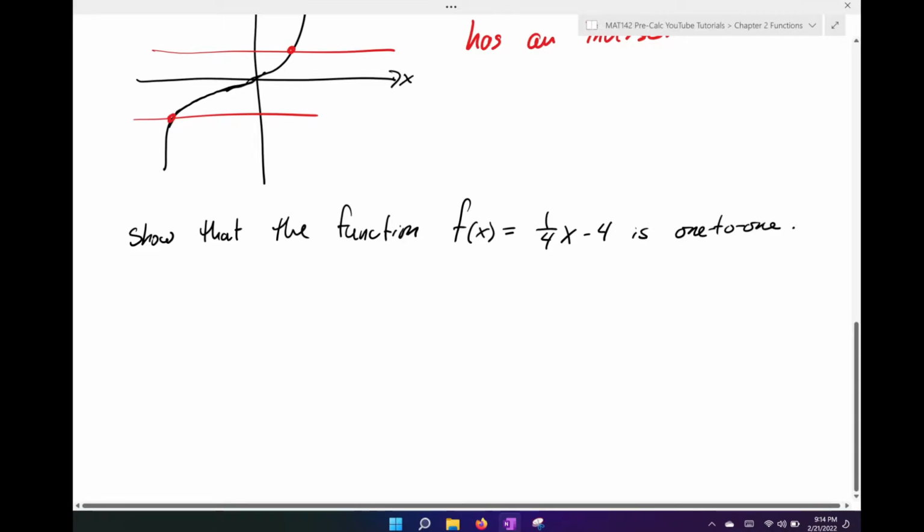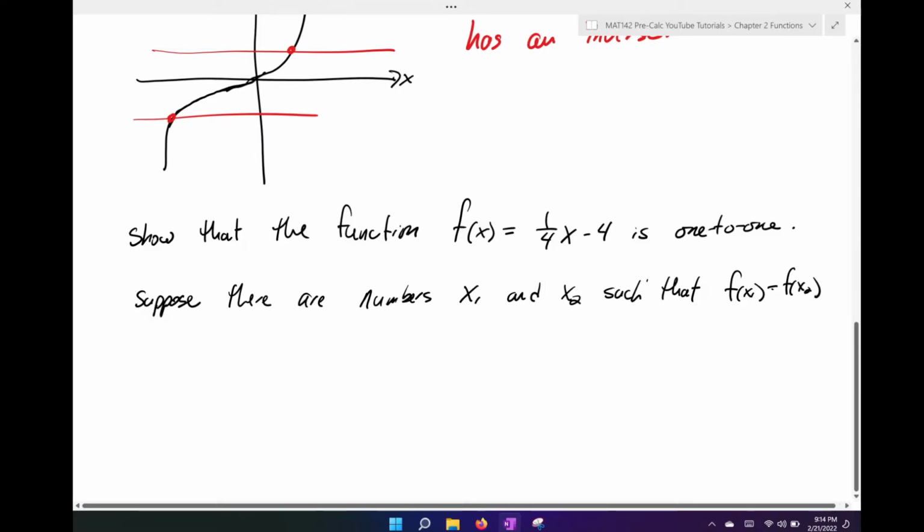Okay? So what we're going to do is suppose that there are numbers, and we're going to call them x1 and x2, such that f of x1 equals f of x2.